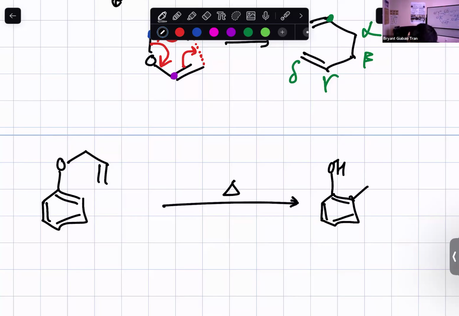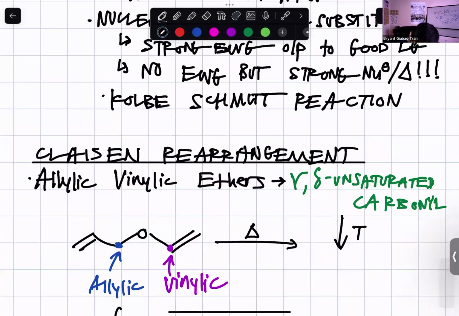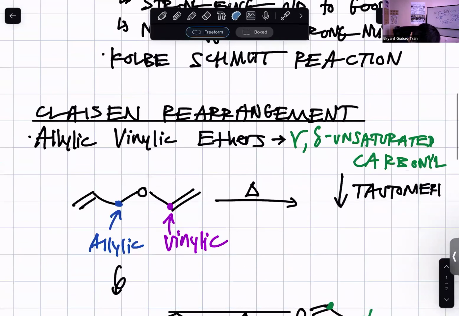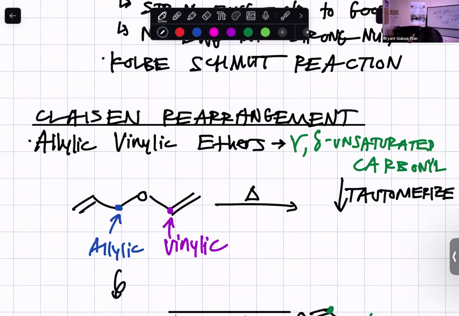Sometimes you will have to tautomerize the carbonyl to the enol form.